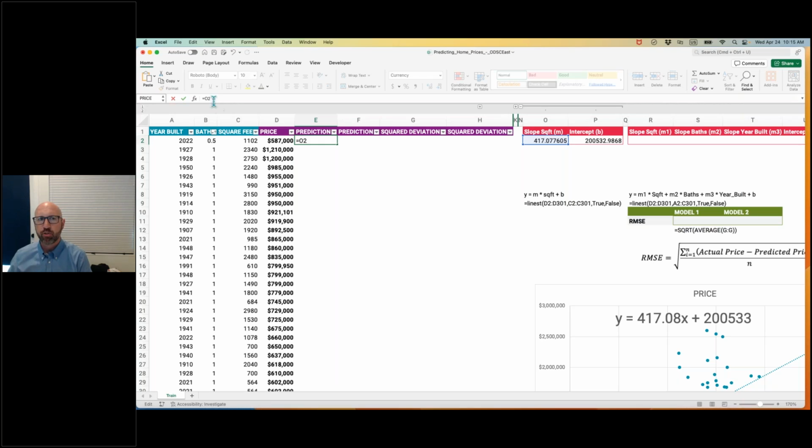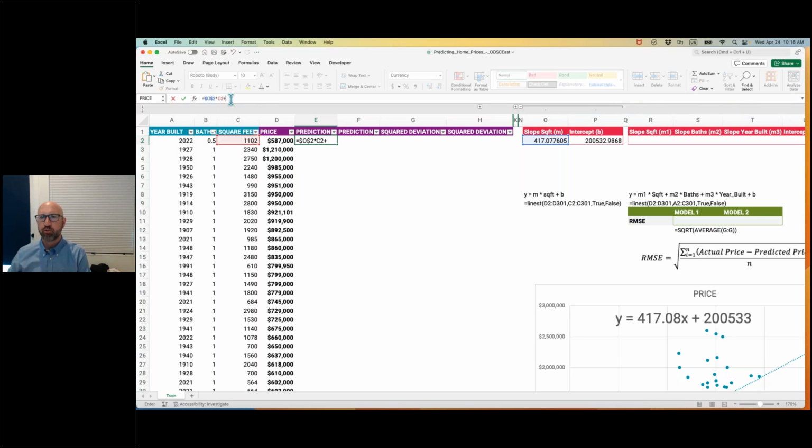But for now, you're going to type O2, and you can click F4 on your keyboard, and that adds these dollar signs before the O and the 2, or you can manually add the dollar signs. So that's going to lock the slope in place, and I'm going to multiply it by the square footage, which I will not lock in place.